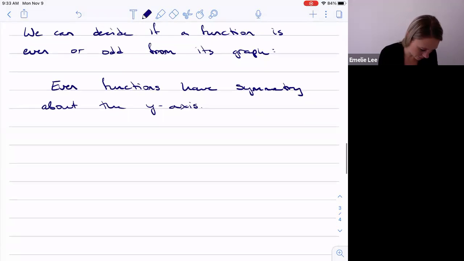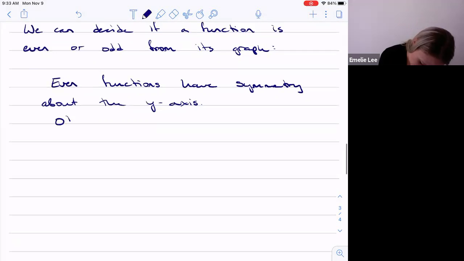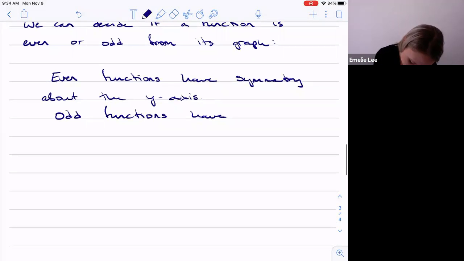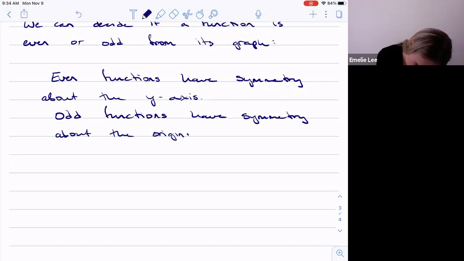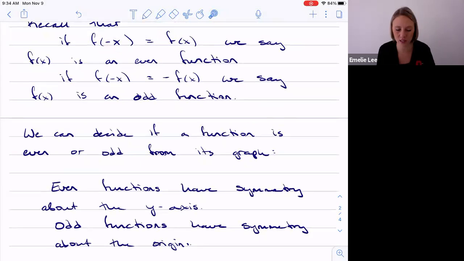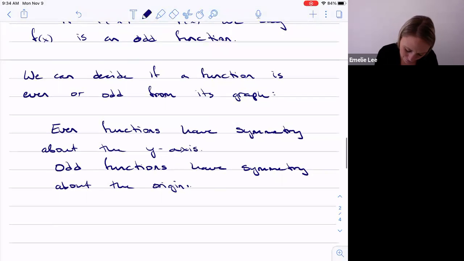Okay. Whereas odd functions have symmetry about the origin, which is kind of on the slant. Have symmetry about the origin. A little bit harder to see. Okay. So you can look at graphs, but what I want to do is algebraically, so using this type of proof, we'll say, to figure out if things are even or odd.